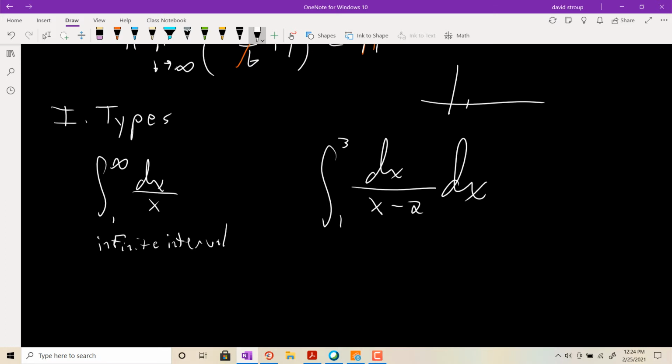So you're going on the x-axis from 1 to 3. This function x minus 2 has an asymptote right there. So it looks like this. And we're integrating over that region, right? So that's a big issue. And what is this called? It's called an infinite discontinuity.